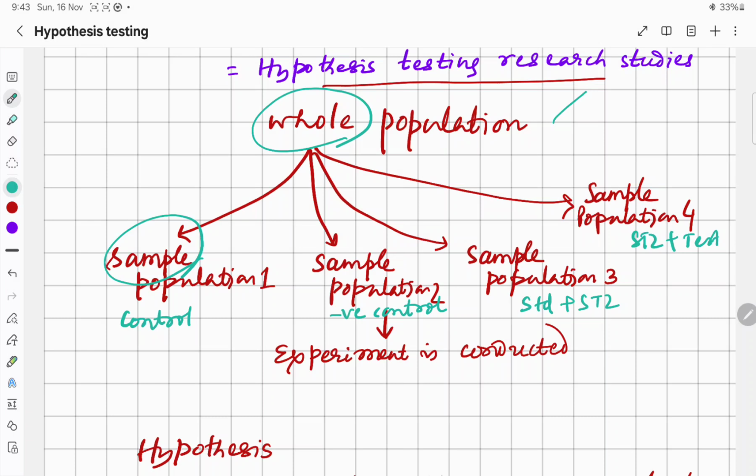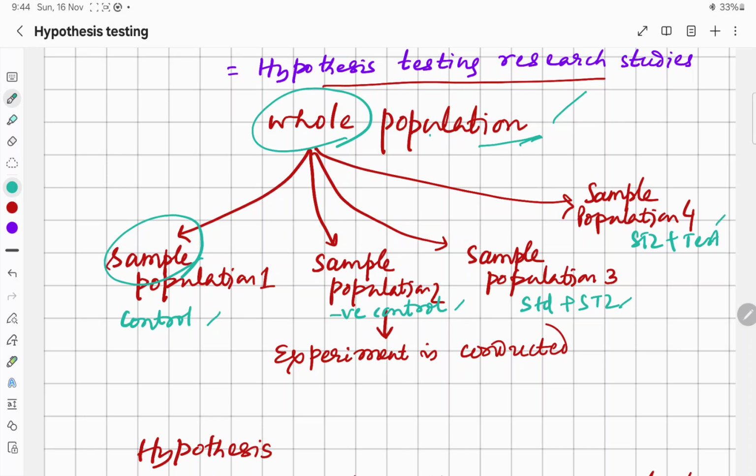And in this we can take 2 types of assumption. The first assumption, the parameter, say mean, the population mean is same as that of the sample mean. So the population mean is same as that of control mean, population mean is same as that of the negative control mean, population mean is same as that of the standard drug, population mean is same as that of the test drug.